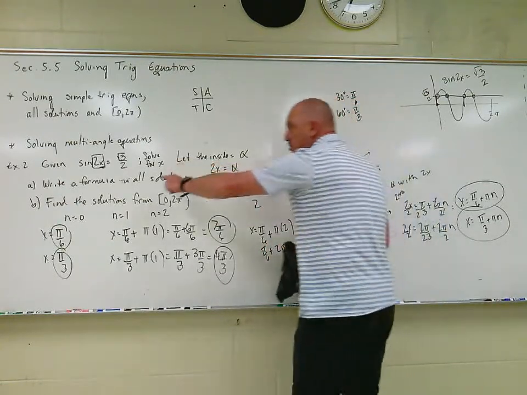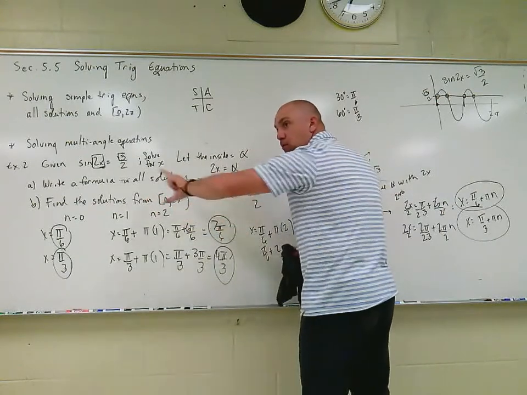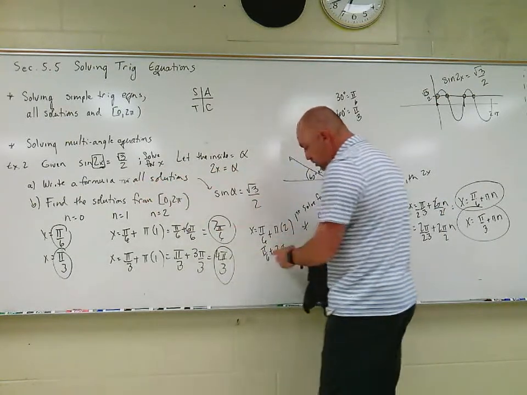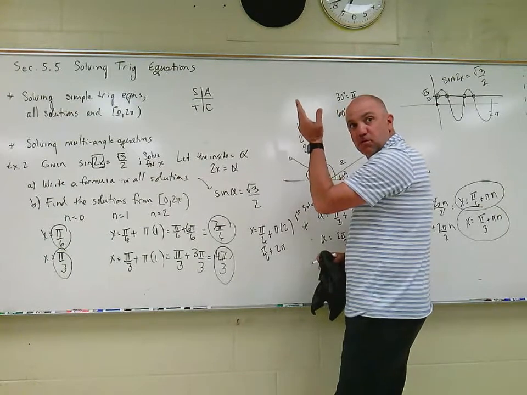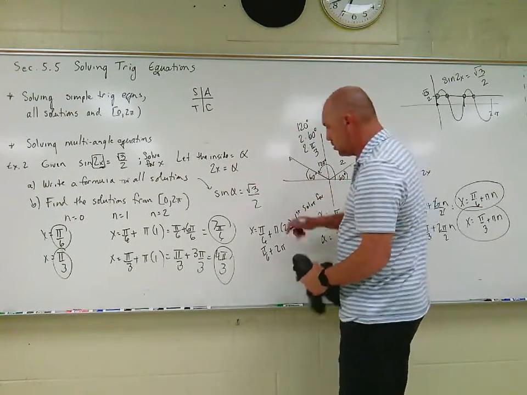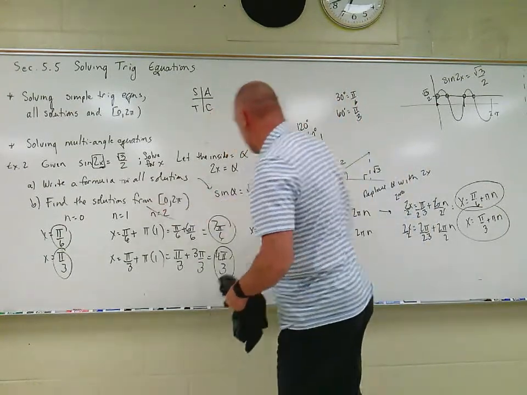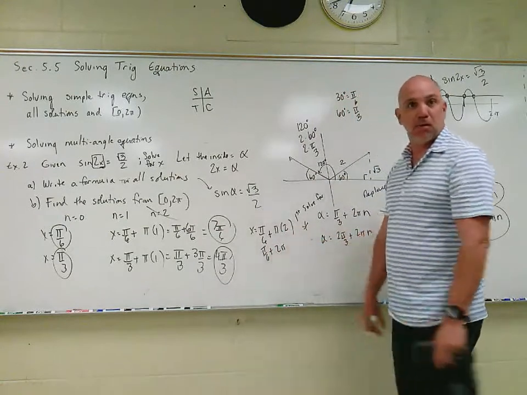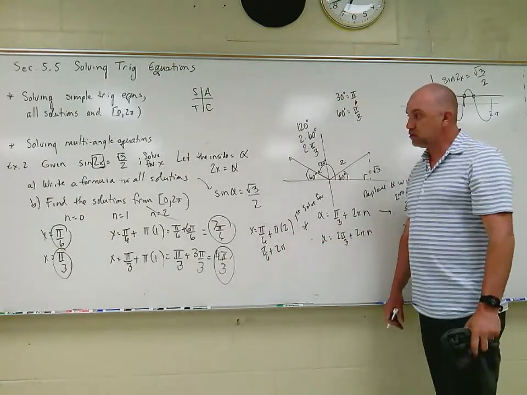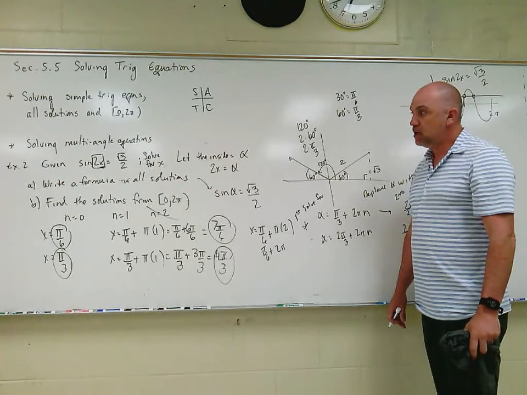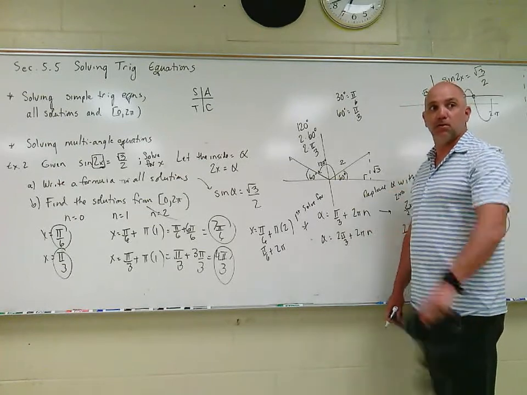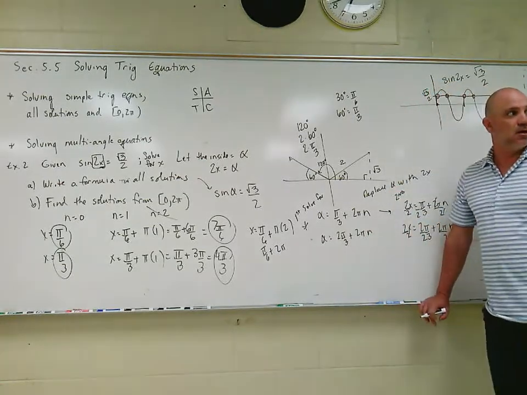Notice it says from 0 to 2 pi, don't go past 2 pi. So if I do pi over 6 plus 2 pi, that's bigger than 2 pi. I stop. I know, don't do that because I'm going to get an answer bigger than 2 pi. Your answers have to be less than 2 pi. So now you're going to need the formula. It's going to be helpful. You're going to need it. Okay?